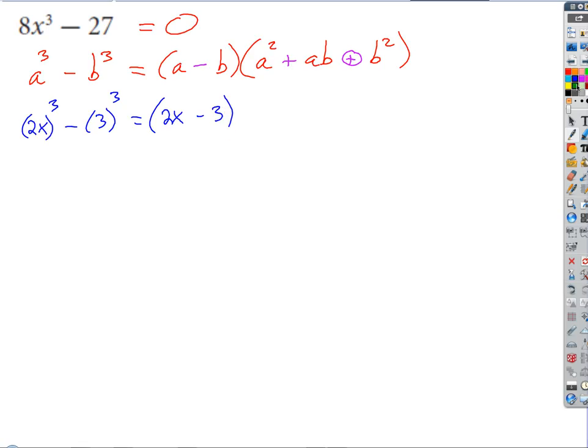The second factor is going to be, let's see if we can do this in one step. What's the first term? 4x squared, because it's a squared, and a is 2x, so I've got to square that out and distribute the exponent.